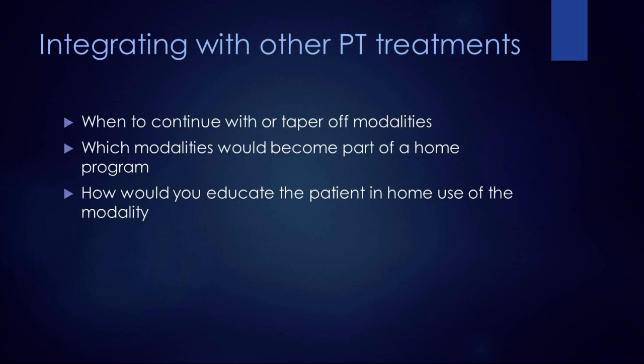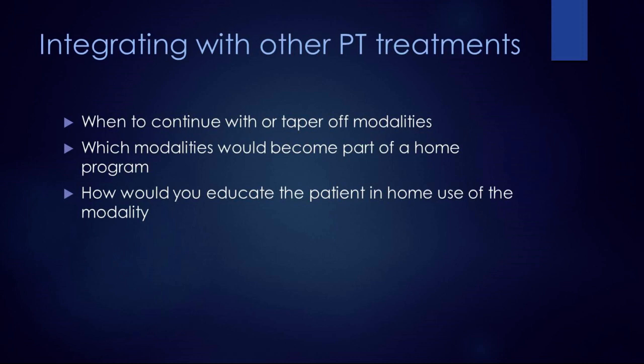Ice and heat are really good modalities to recommend as part of the home program. You have to decide how you're going to educate the patient in the home use of the modality. We did a couple of these for heat and cold applications this quarter. How are you going to tell your patient the proper and safe way to do these?